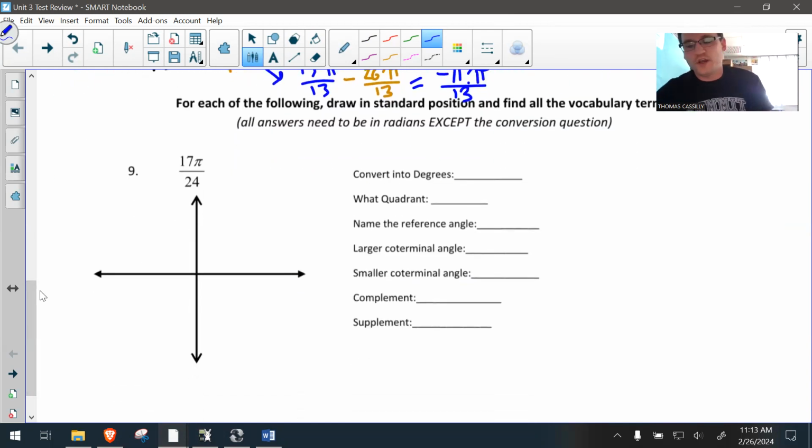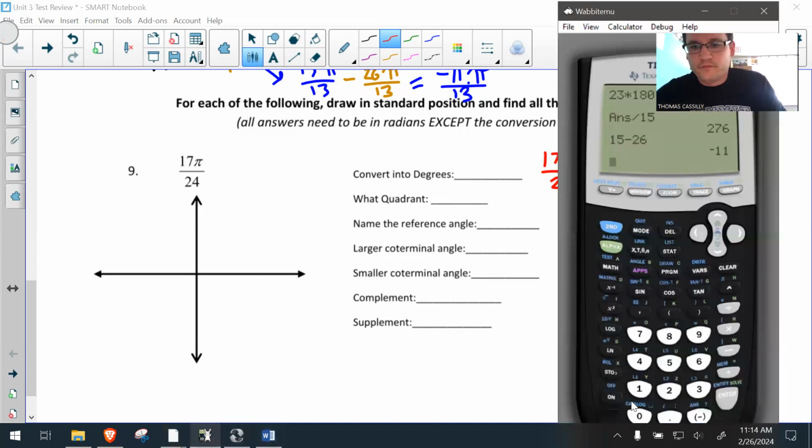So now question number 9 just puts it all together here. First things first, they want us to convert this into degrees. All right. So we got 17 pi over 24. We're just going to multiply this by 180 over pi. 17 times 180, and then we have to divide it by 24.